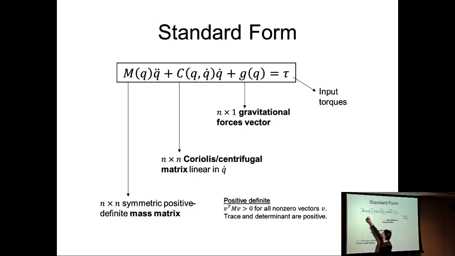So now we can write the equations of motion in this nice compact form where we can also get some intuition. The mass matrix, the terms in front of the acceleration terms, is this square positive definite matrix. Just as a reminder, a positive definite matrix is sort of a generalization of what a positive scalar can be. We would expect mass to be a positive number, and therefore a matrix is positive definite if for any vector v, v transpose M v is going to be greater than 0.